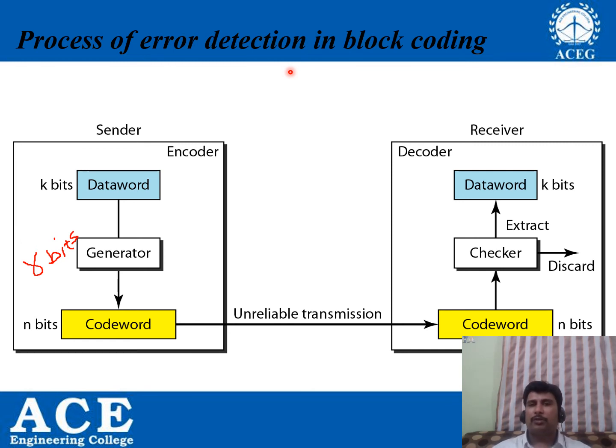At the receiver, the code word is forwarded to the checker. If an error is detected, discard. If no error is detected, then separate the redundant bits from the data words and forward the data words to the receiver. Okay, this is what happens in error detection.